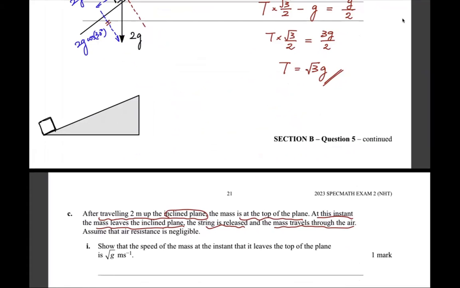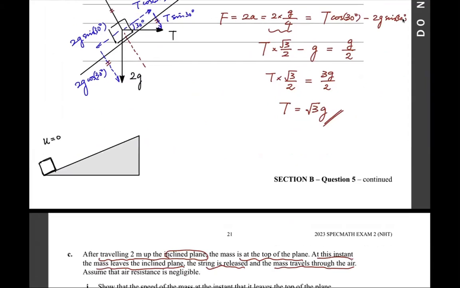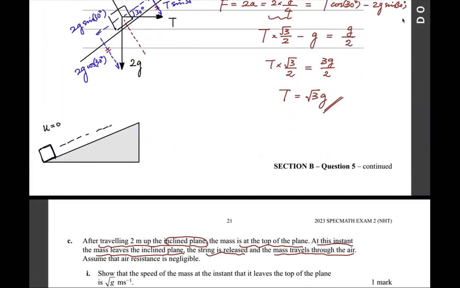Initially, the mass sits at the bottom of the plane, okay? So u equals 0. With my dragging force, or the tension force, it has been dragged along this inclined plane, but we don't know the velocity at the end of the plane. So s equals 0, s equals 2. The acceleration is g over 4, okay?